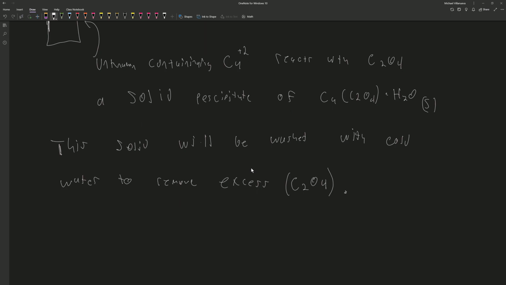What we will then do is redissolve it in an acidic solution.